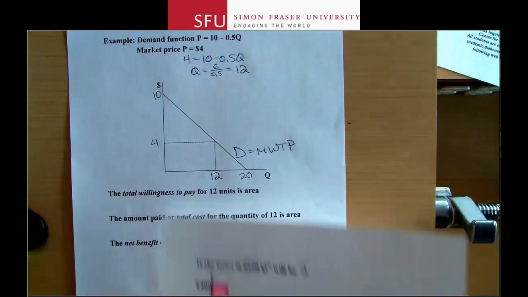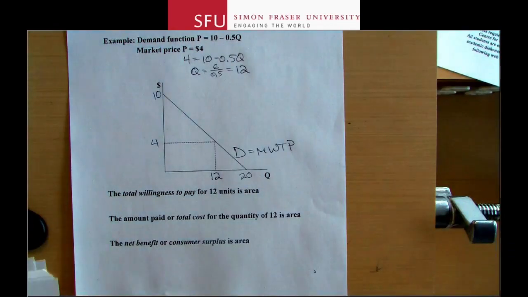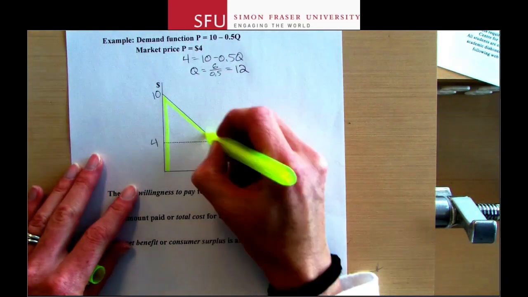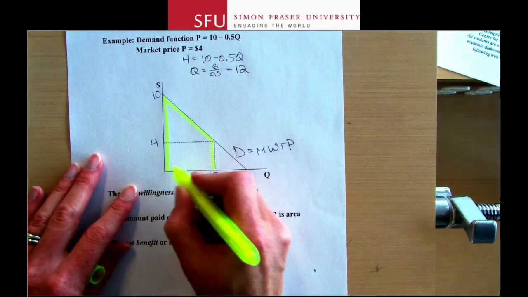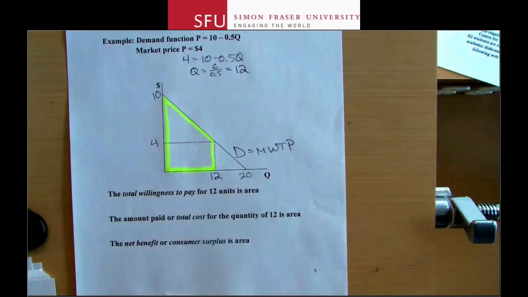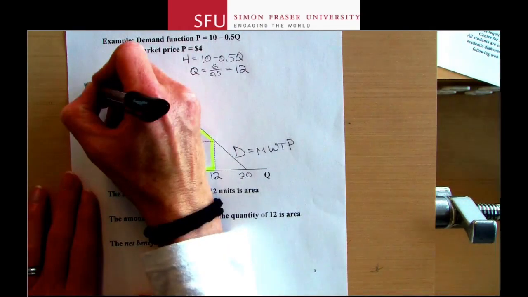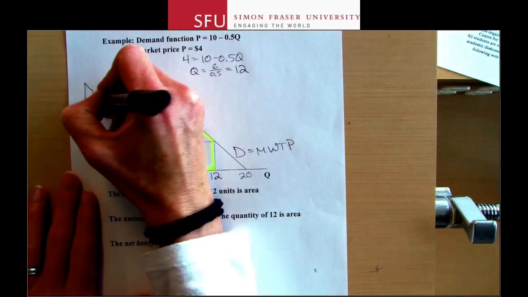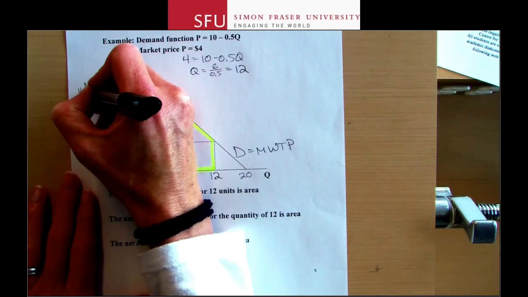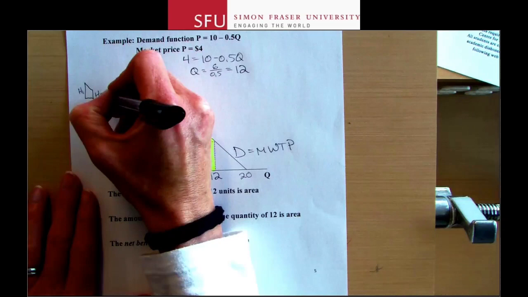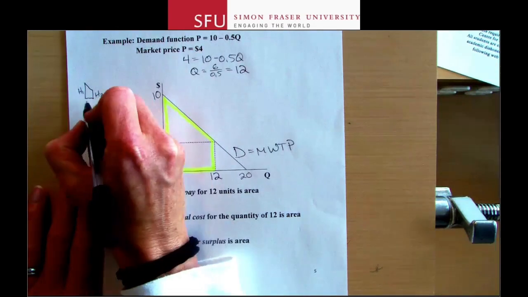Okay, so total willingness to pay would then be this trapezoid shape here. And I'll just make a note over here. When you have this kind of shape, you have 2 parallel sides with different heights, so height 1 and height 2 and a width.